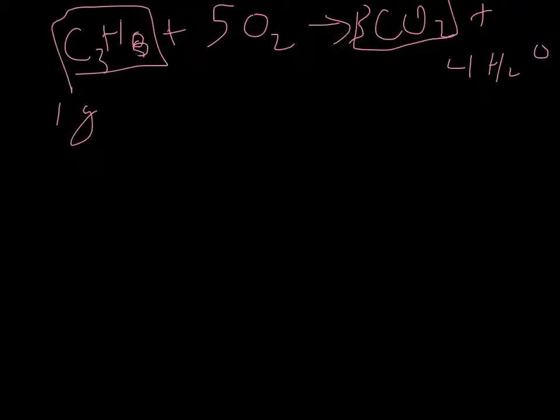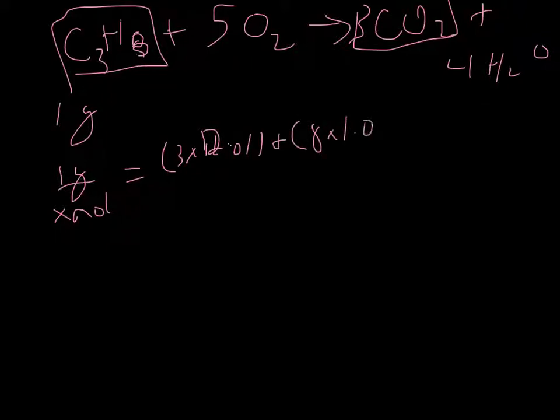So if I'm going to do multiple steps at once, we're going to get 1 gram over x moles equals 3 times 12.01 plus 8 times 1.01, which gives you 44.11. So then we're going to just solve for moles.